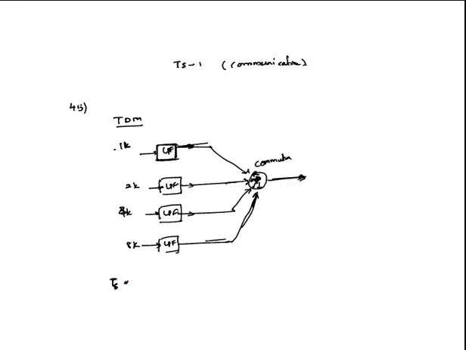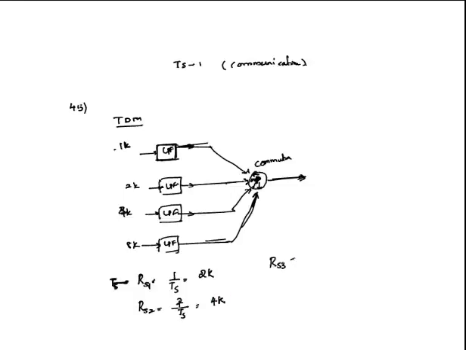Now that corresponds to the sample rate Rs, which is 1 by Ts, will be twice the message bandwidth, which is 2 kHz. Let's call it Rs1. Now the sample rate for the second one is, since the bandwidth is twice the first one, 2 by Ts. In this case it is 4 kHz.